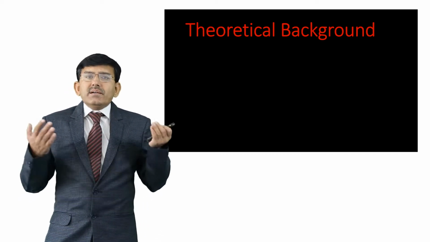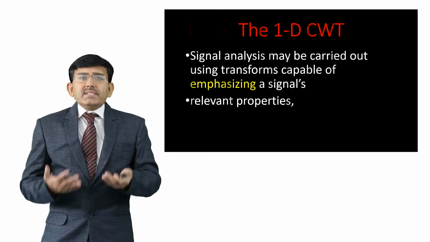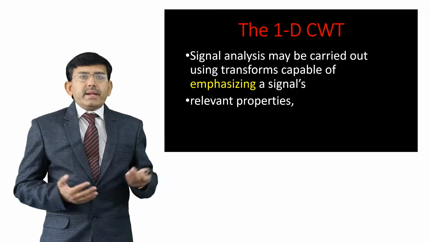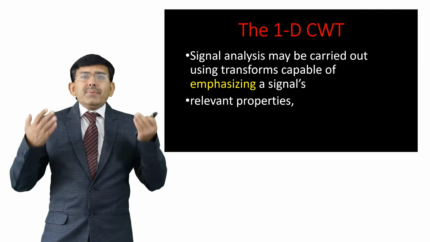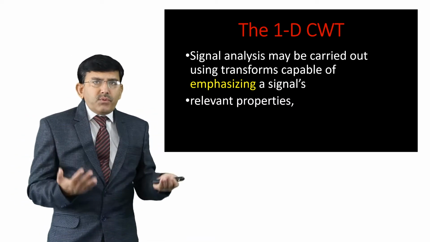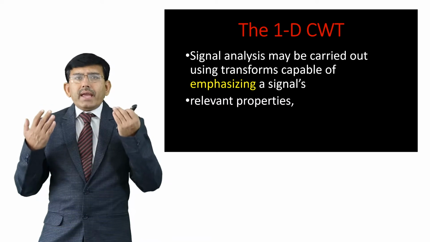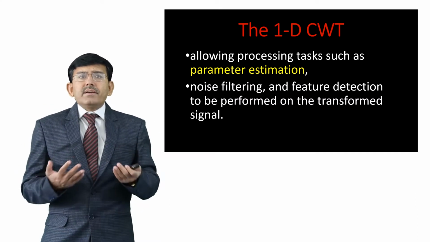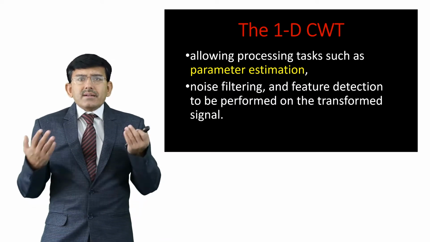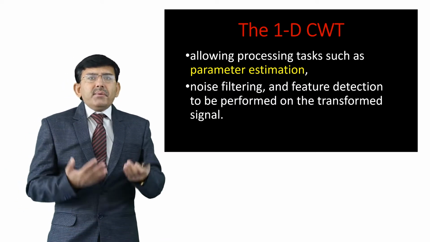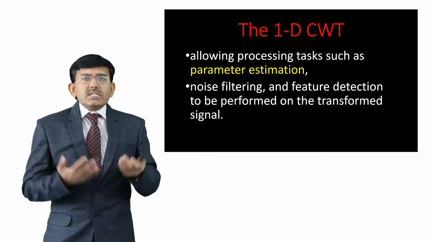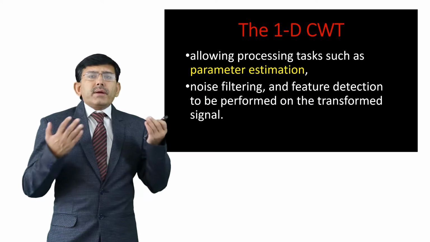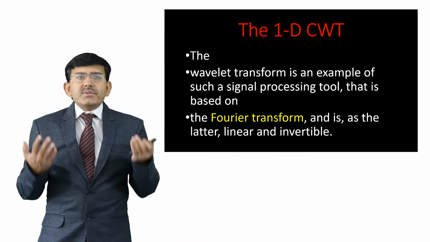Now we will see some theoretical background which is necessary while going for automated development. Signal analysis may be carried out using transforms capable of emphasizing a signal's relevant properties, allowing processing tasks such as parameter estimation, noise filtering, and feature detection to be performed on the transformed signal.